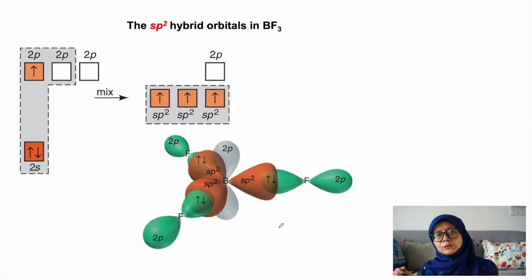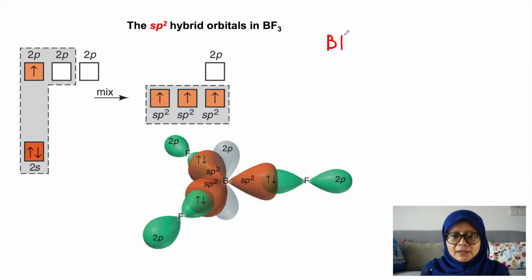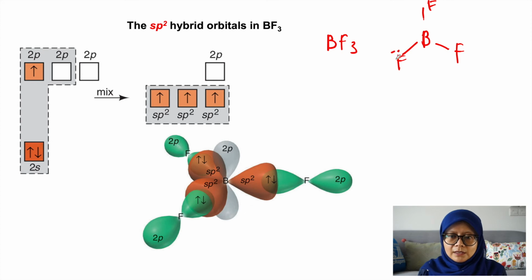Then we go to the sp2. For the sp2, we have boron trifluoride, BF3. As usual, you will need to sketch the Lewis structure for the boron trifluoride with this structure.